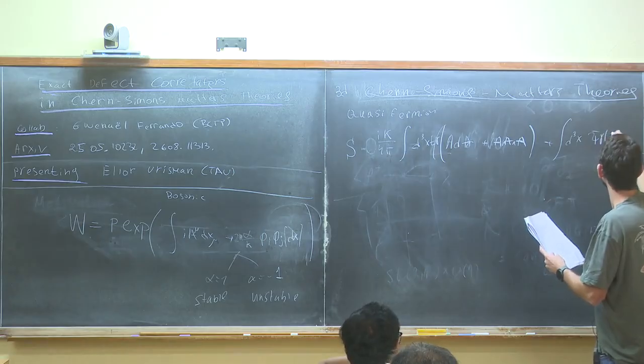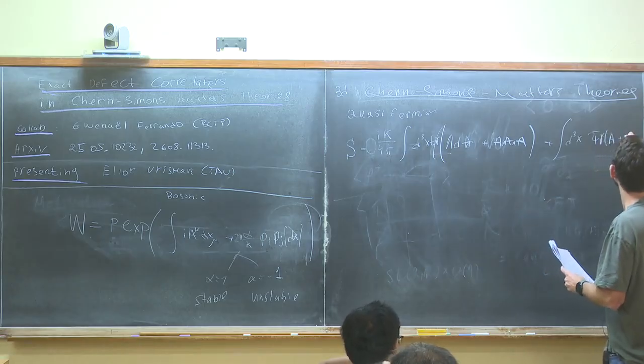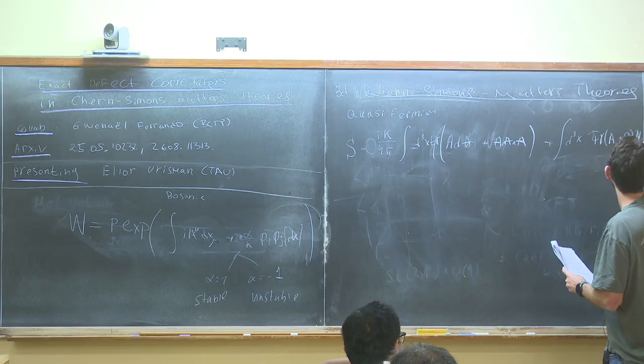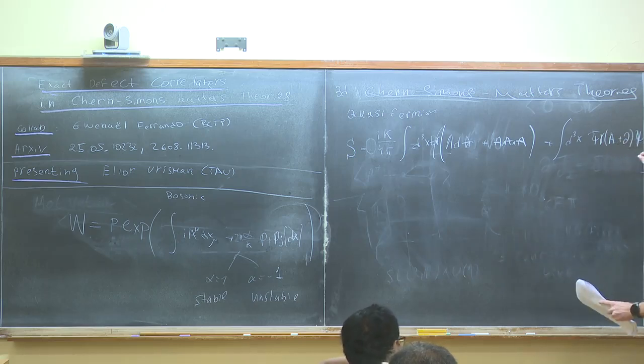So you'd have something like A plus D. I'm being schematic. If you want, I can be more precise about the indices and so on. But this is some action you can write down.